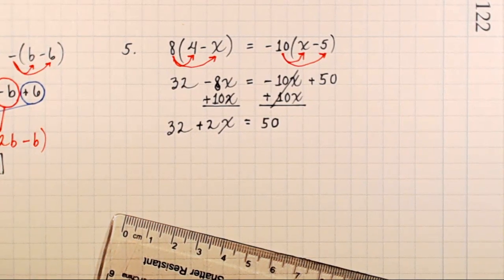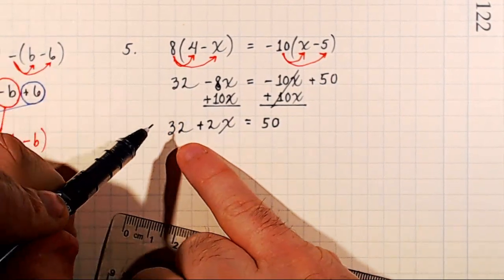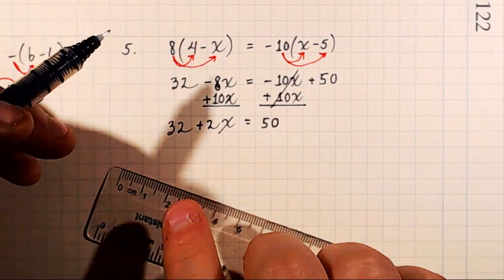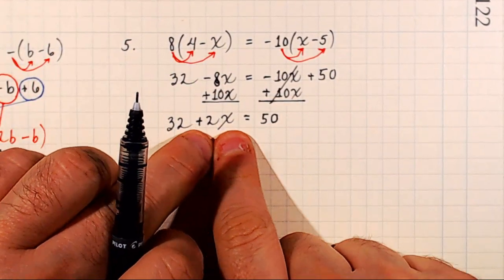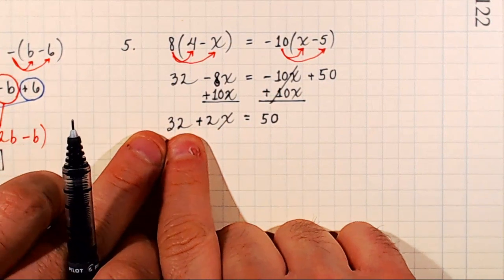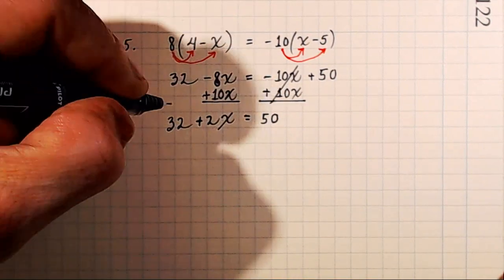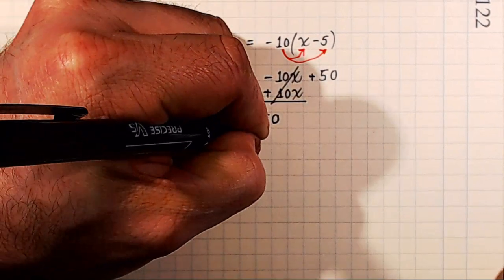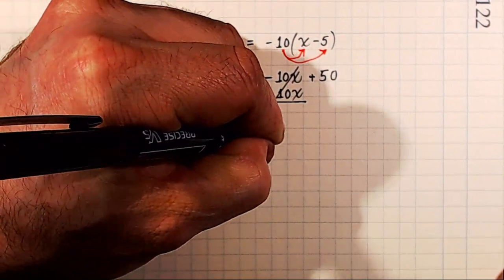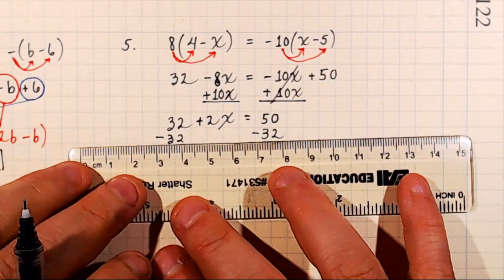All right, so now my attention is shifting. Now my attention's on the 32 because my goal is to get x by itself. I can't do anything with that 2 yet because added to it is this 32. So first I need to subtract 32 from both sides. Just like that.